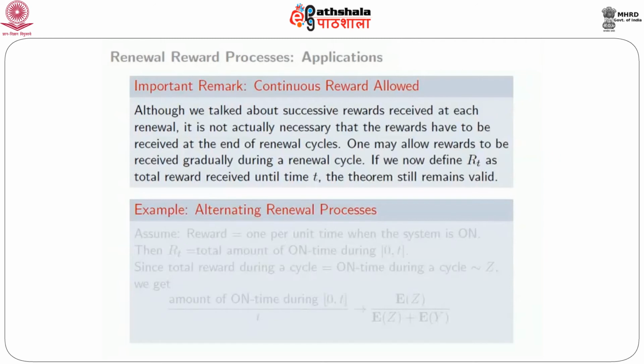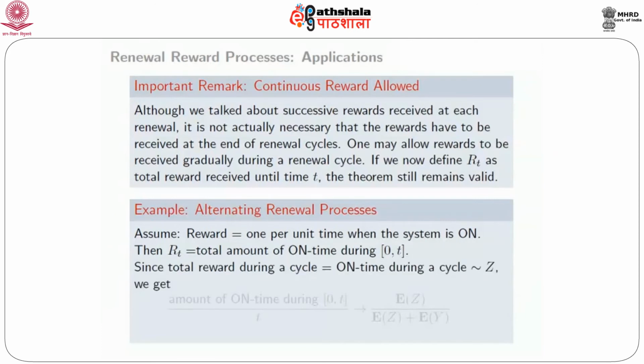So let's go to an example of an alternating renewal process. Assume that the reward is 1 per unit time when the system is on. So during any cycle, during the period when the system is on, your reward is 1 per unit time. No reward for the off time. Then it's clear by definition that R_t would represent the total amount of on time during 0 to t.